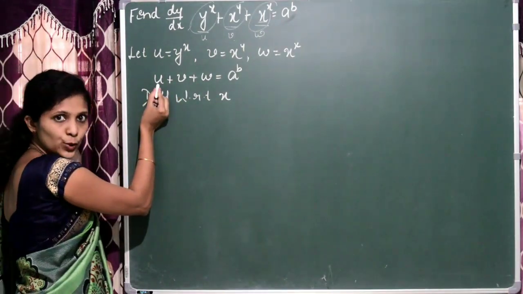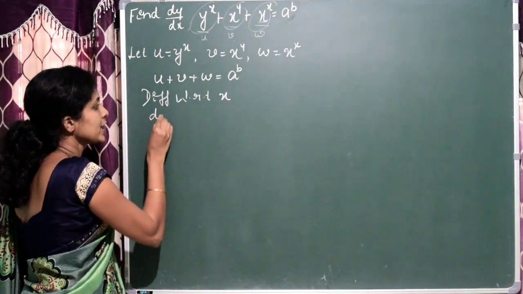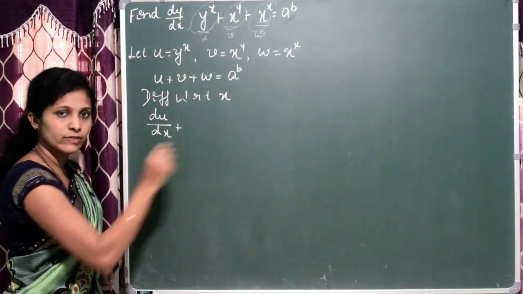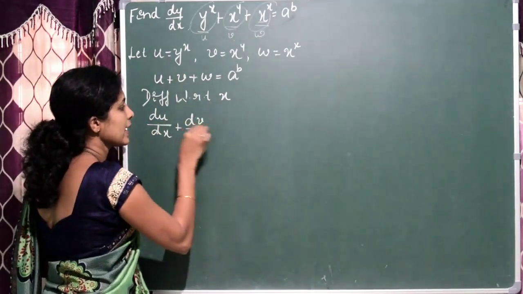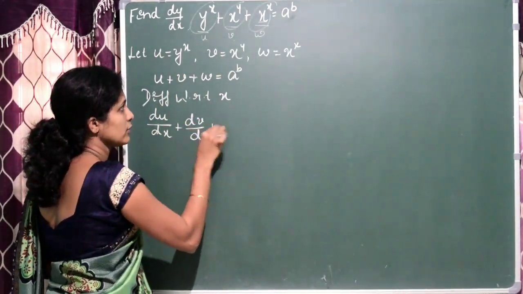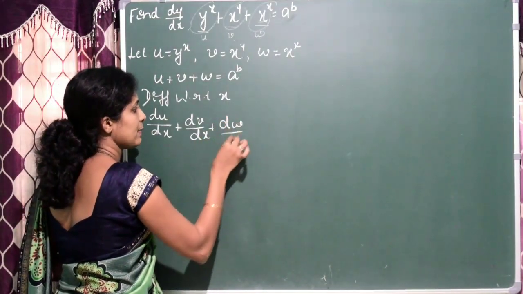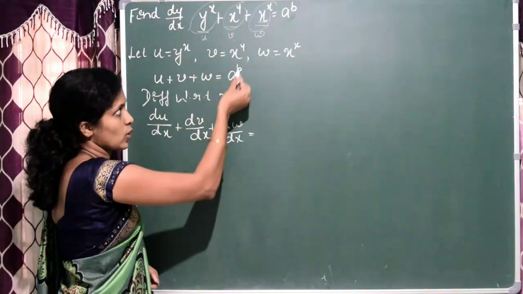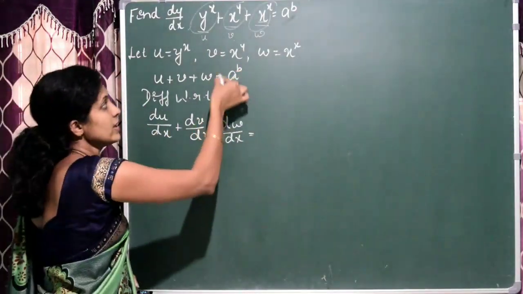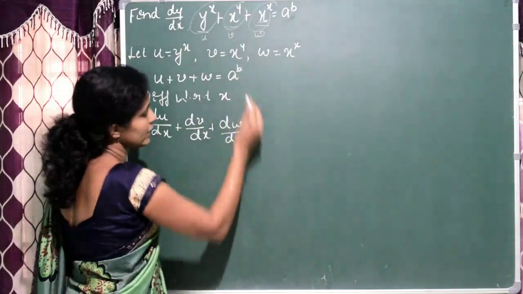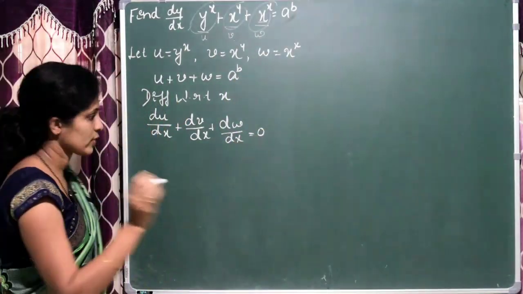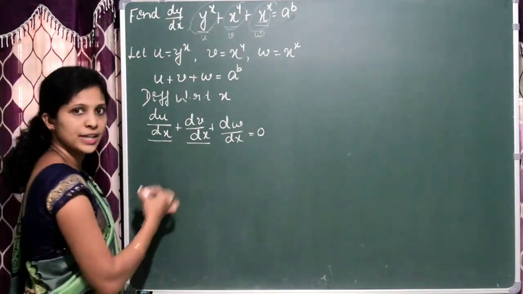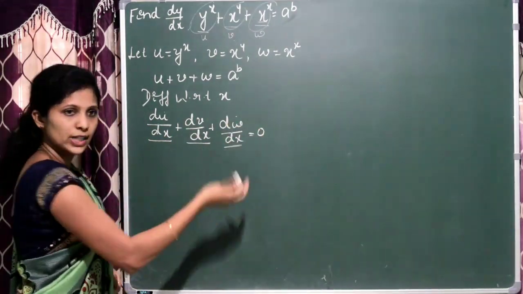So the derivative of u with respect to x will be du by dx, plus derivative of v with respect to x, that is dv by dx, plus dw by dx. What is the derivative of a to the power b? Here a is a constant and b is a constant, so this is one constant. The derivative of a to the power b will be 0. Now separately you have to find du by dx, dv by dx, then dw by dx. Finally you have to substitute here.